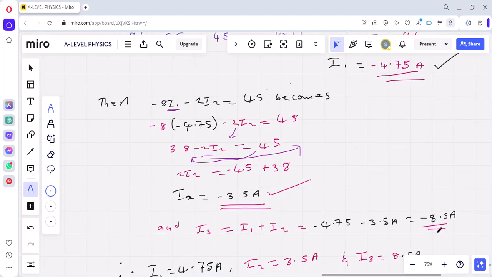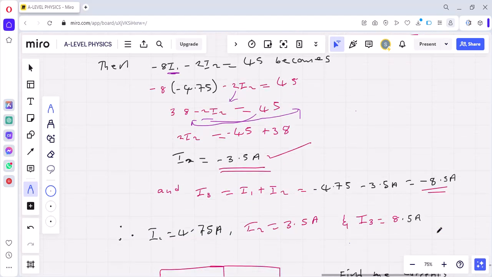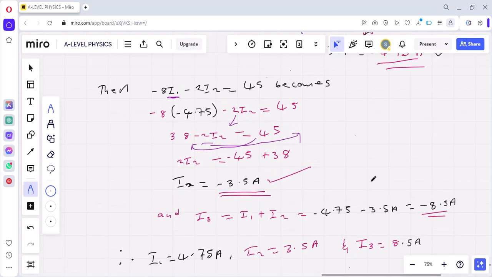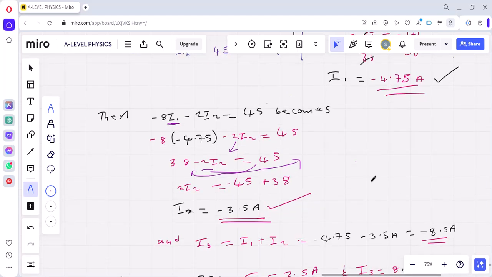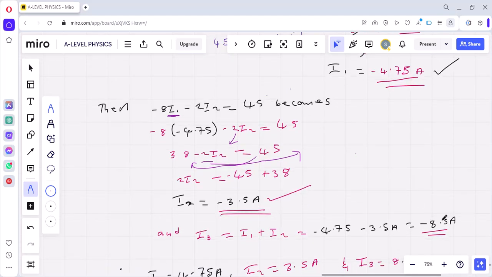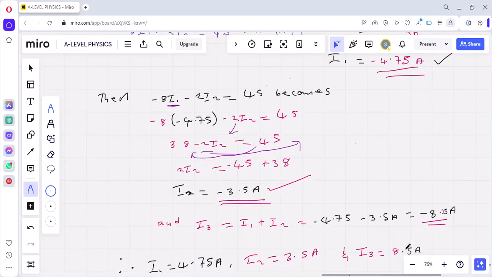So the values for I1, I2 and I3 are just I1 4.75, then I2 3.5 and I3 not 8.5 but 2.5. Sorry, this should be 2.5 instead of 8.5. These are the values of the current.